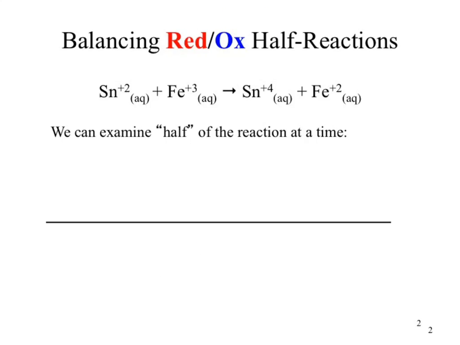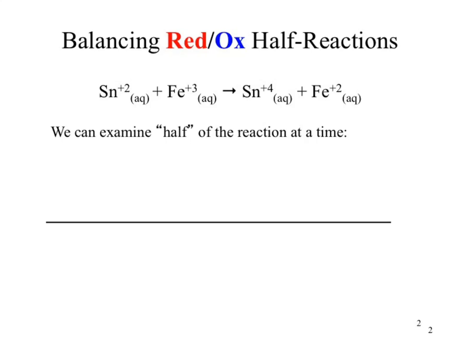So what are our half reactions in this case? What should we group together? Tin plus 2 goes to what? Does it go to iron plus 2? Why does tin plus 2 not go to iron? Are they the same element? Have we seen how we can change elements?